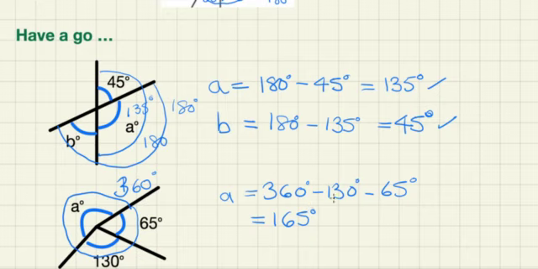I've taken a few shortcuts, I did this calculation before, but if you work it out yourself, which you've just done, hopefully that's 165 degrees. So in an exam, this is how you would do those questions.